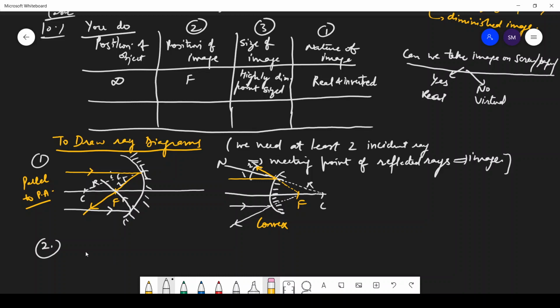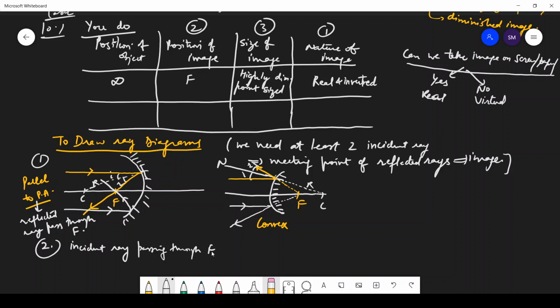Now the second case is when you have an incident ray passing through the principal focus. If it is parallel to the principal axis, then the reflected ray passes through the focus, right?